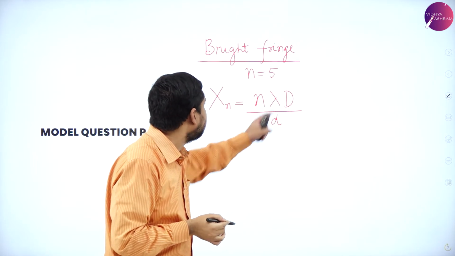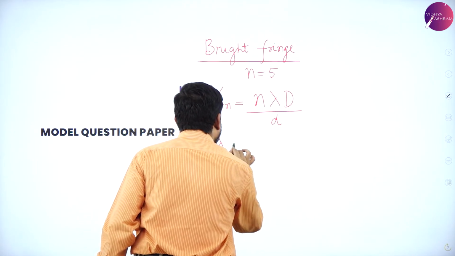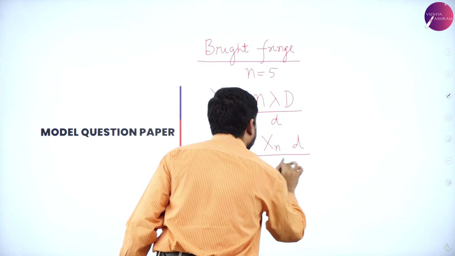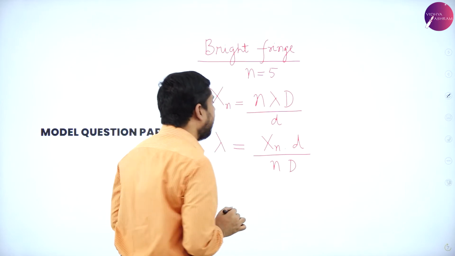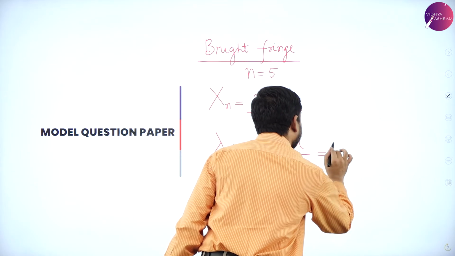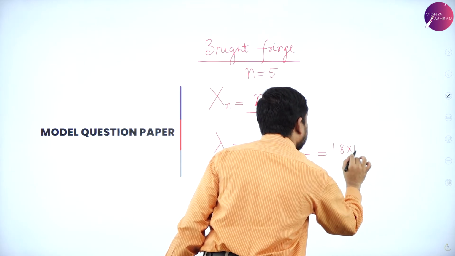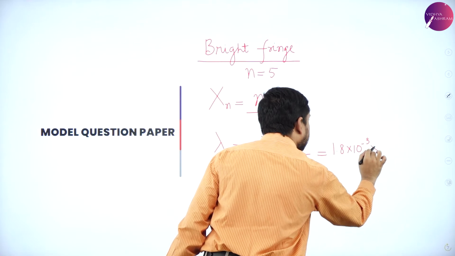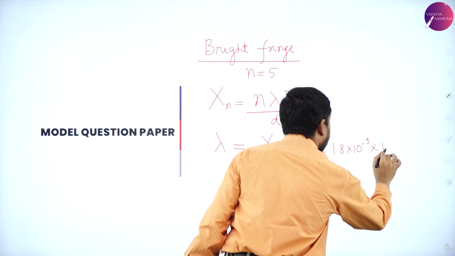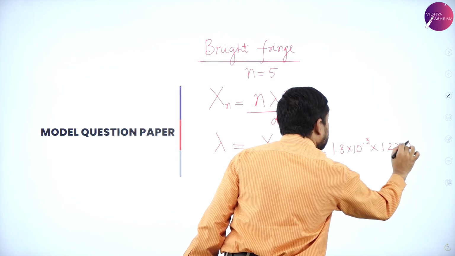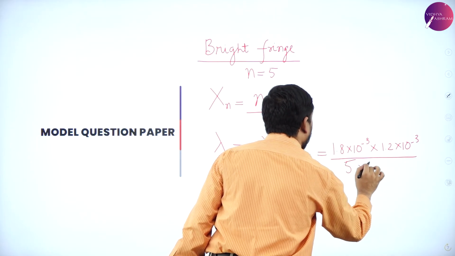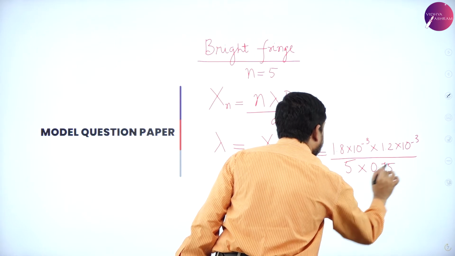What have they asked us to calculate? Lambda. So lambda is Xn into d divided by n into capital D. So this is 1.8 into 10 power minus 3, distance between the slits 1.2 into 10 power minus 3, divided by 5 into 0.75.